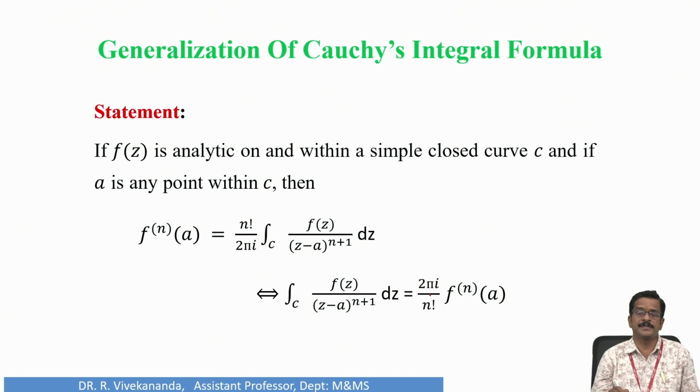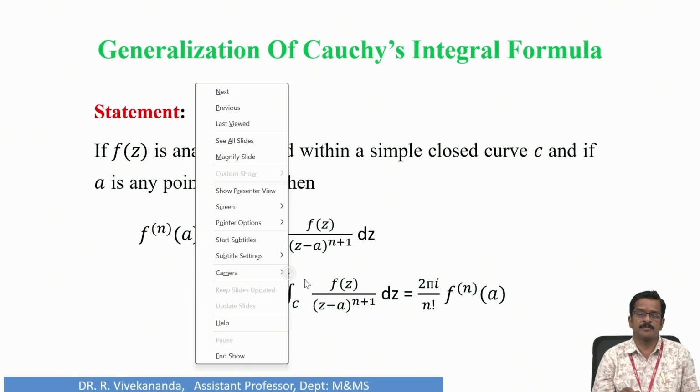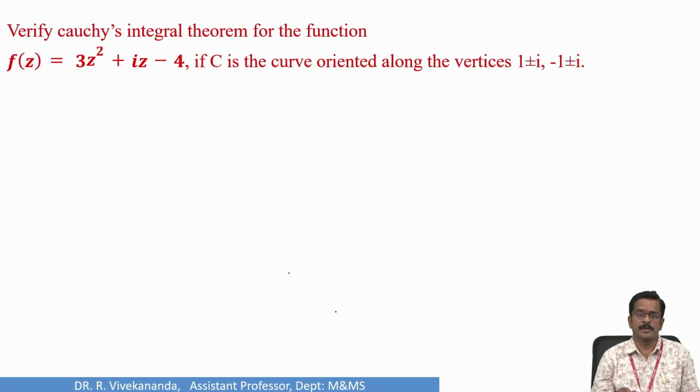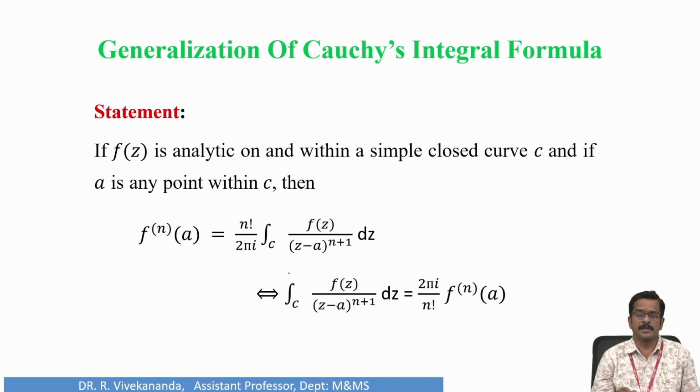Next, the generalized Cauchy's integral formula. If there are more singular points, in that case the formula is: integration over C of f of z by z minus a whole power n plus 1 dz equals 2 pi i by n factorial times the nth derivative of f at a.